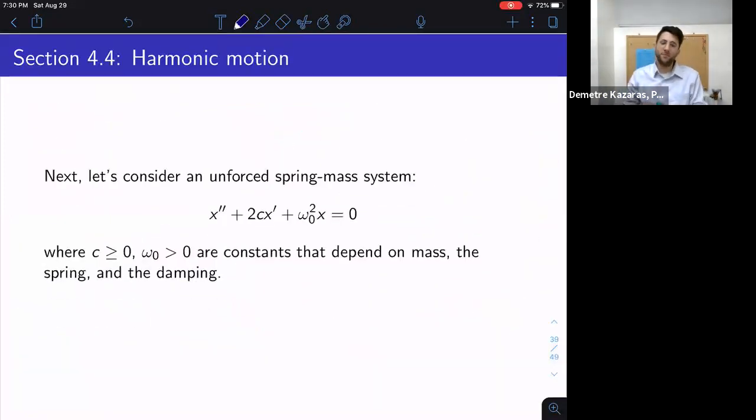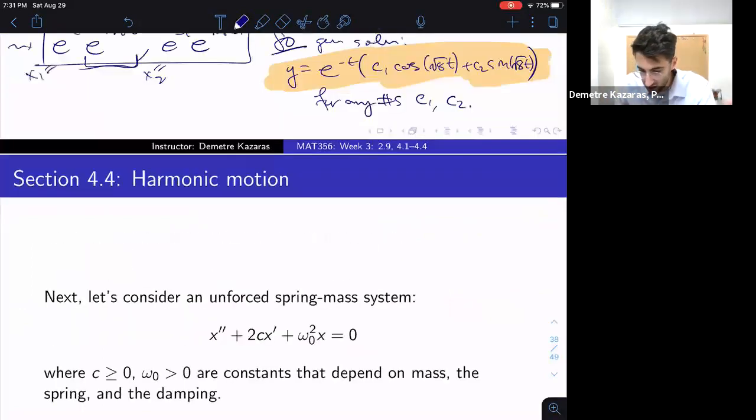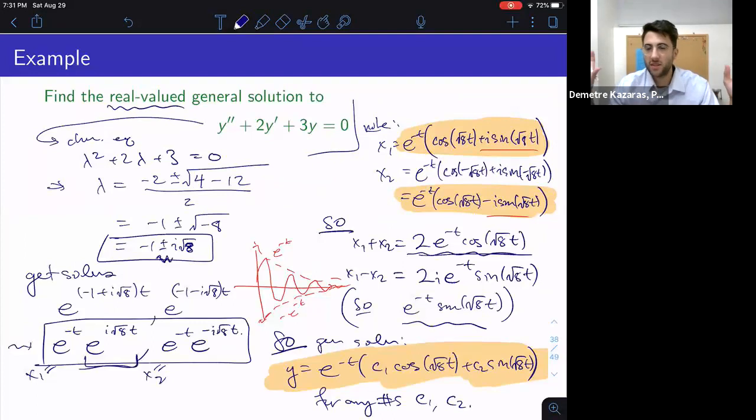Very good. So now we have, at this point, a robust understanding of how to solve constant coefficient, linear, second order, homogeneous equations. A lot of qualifiers, but we know how to solve them. You look at the characteristic polynomial. If the roots are real and distinct, then you get exponential solutions. If they're repeated, then you get one exponential solution and then another one that looks like t e to the lambda t.